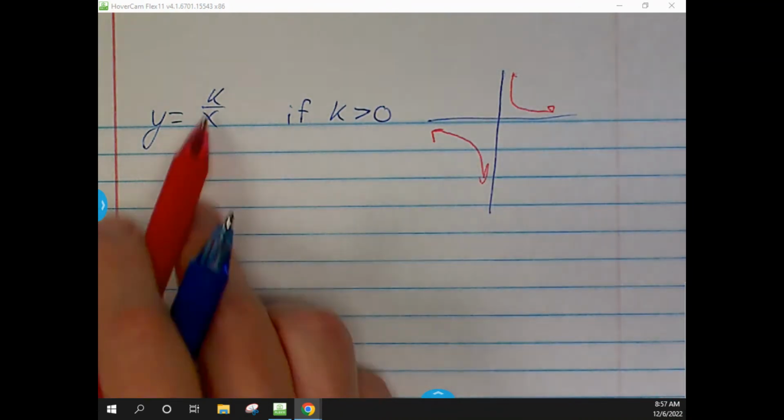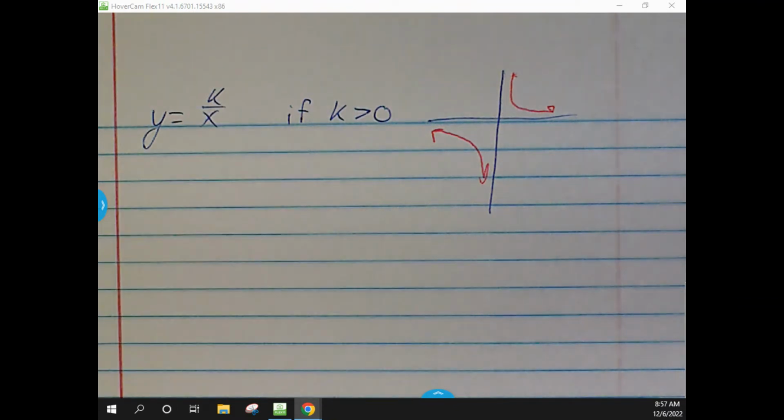So it doesn't matter if this is 1 or 2 or 3 or 4 or 5 or 6, it's always going to look that exact same way.